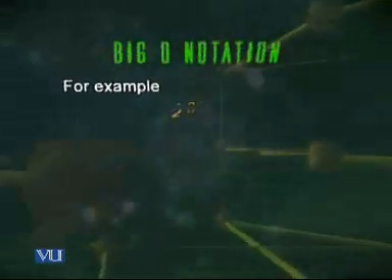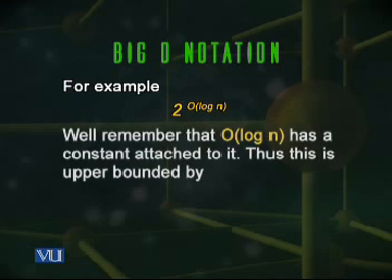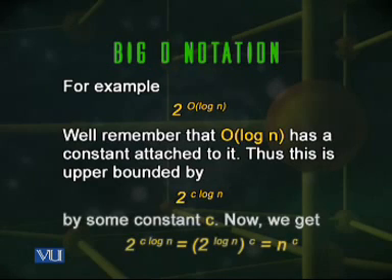Let's look at another example. Let's say somebody talks about the function 2 to the order log n. Well, remember that order log n in some sense has a constant attached to it. Thus, this time, this means that they have a function which is upper bounded by 2 to the c log n. Now, if you compute, 2 to the c log n is equal to 2 to the log n all to the power c, which is equal to n to the c.